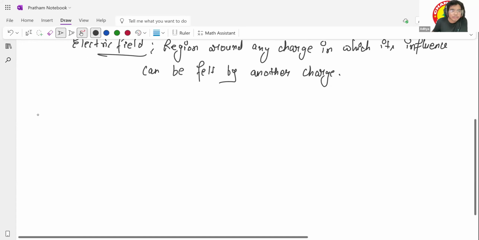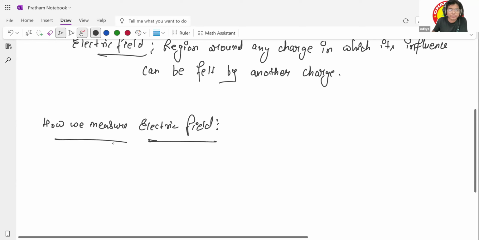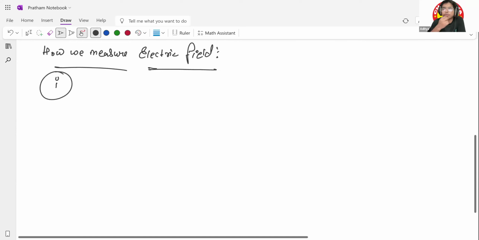So how do we measure electric field? First, we have two options for how we can measure electric field.